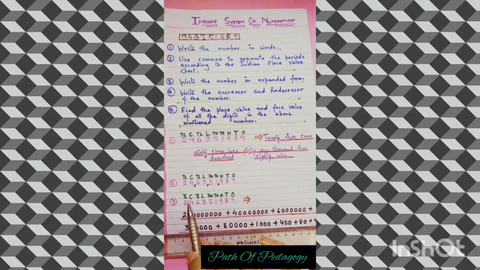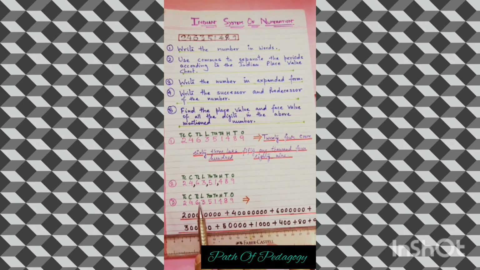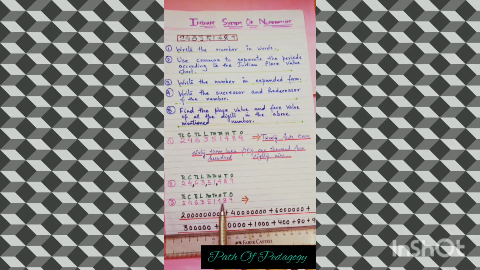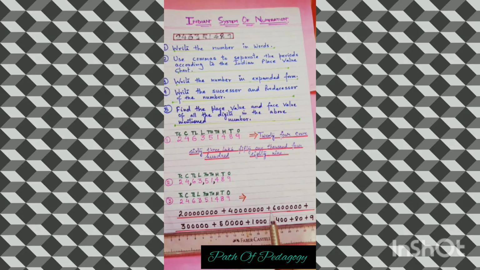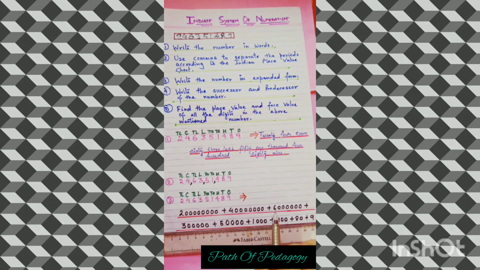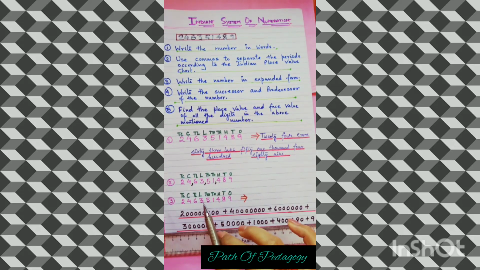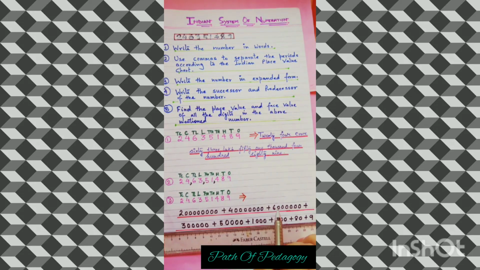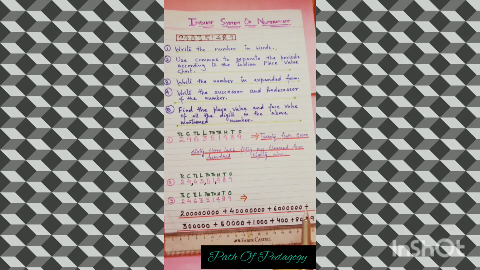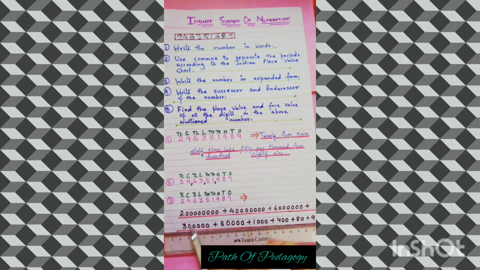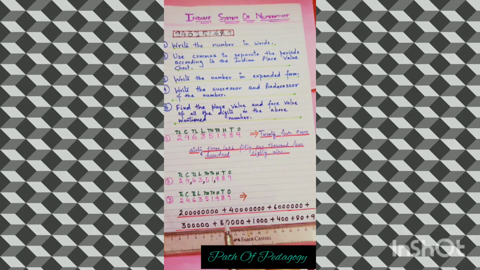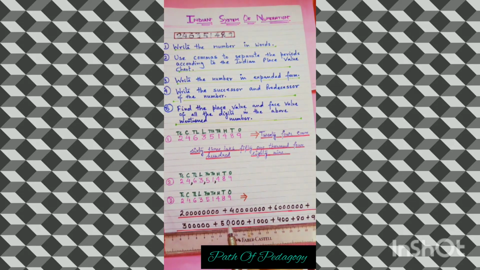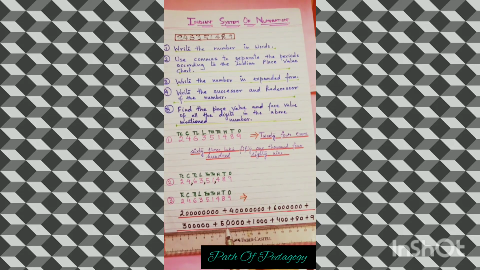Then what number comes? 4. You will write 4. Count the digits 1, 2, 3, 4, 5, 6, 7. Just put the 7 zeros. Similarly, put the plus sign. Then it comes 6. Write 6, count the digits 1, 2, 3, 4, 5, 6, put 6 zeros, then give a plus sign. Then it is 3. After that 1, 2, 3, 4, 5, so put 5 zeros. Then 5, 1, 2, 3, 4, so put 4 zeros.